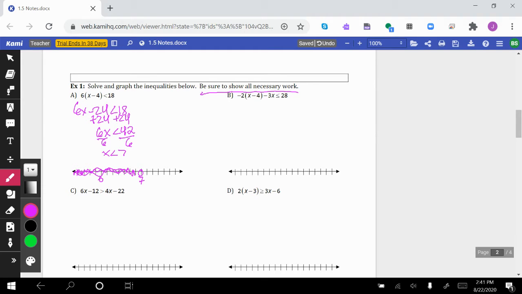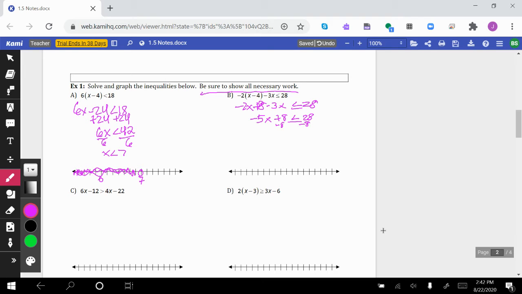Okay, so for example B, we have -2 parentheses x minus 4 is less than or equal to 28. So let's distribute so that we get -2x plus 8 minus 3x is less than or equal to 28. We'll combine our like terms, so -2x minus 3x is -5x plus 8 is less than or equal to 28.